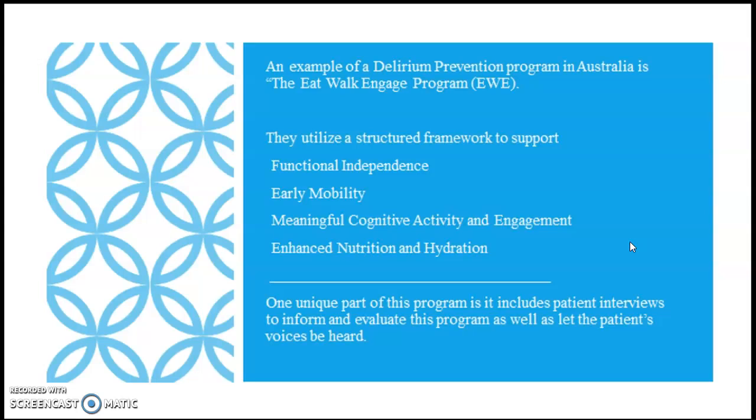They utilize a structured framework to support functional independence, early mobility, meaningful cognitive activity and engagement, enhanced nutrition and hydration. One unique part of this program is it includes patient interviews to inform and evaluate the program, as well as let the patients' voices be heard.